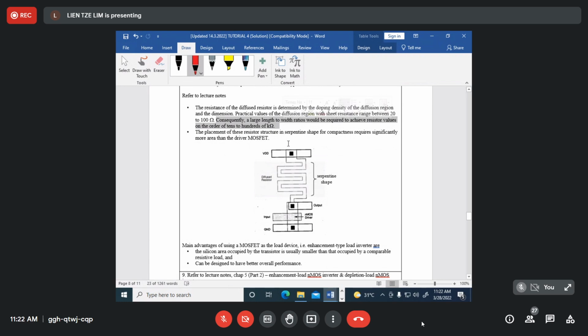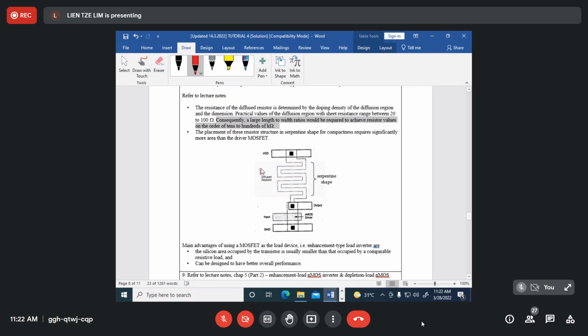Now it's talking about a resistive load inverter. You know the schematic diagram of a resistive load inverter. The layout diagram of a resistive load inverter looks like this. The load resistor in the layout, we call a diffuse resistor.